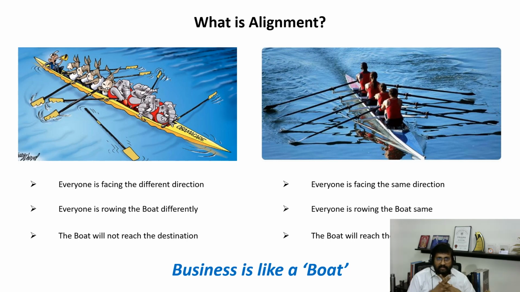That is, that they are working on the aspects which are very important to the organization. Alignment is very critical. Just one person rowing in the wrong direction can steer the ship or boat entirely out of direction, right?